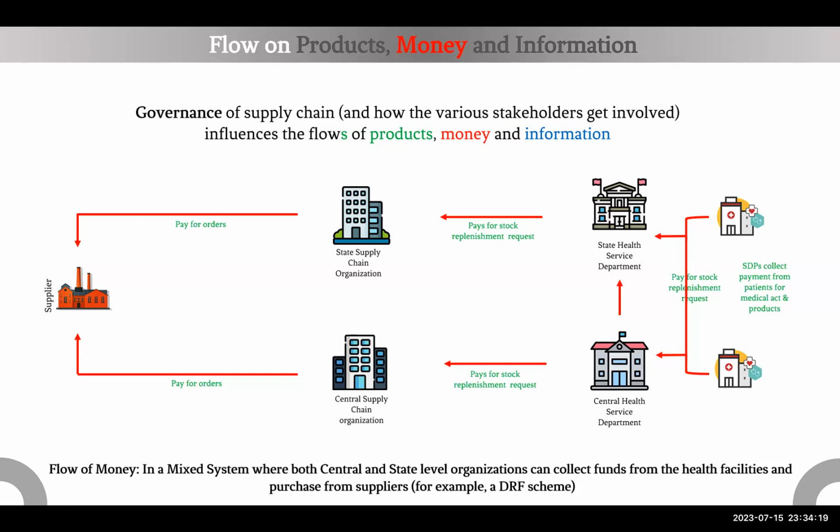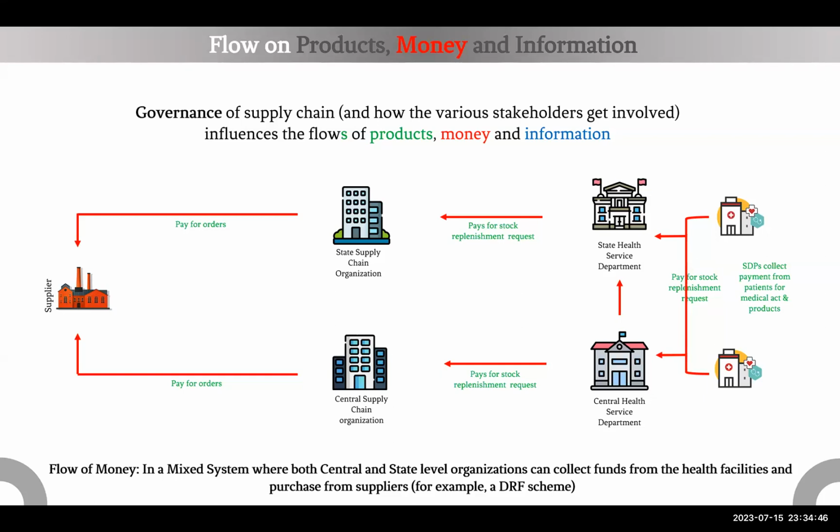What happens in a DRF scheme like this is that the money collected at the service delivery points is reallocated based on the program structure and goes to a fund, which is then accessed by the health service department or the supply chain department of the state or the country, who then pay for purchasing more and more products through the supplier.